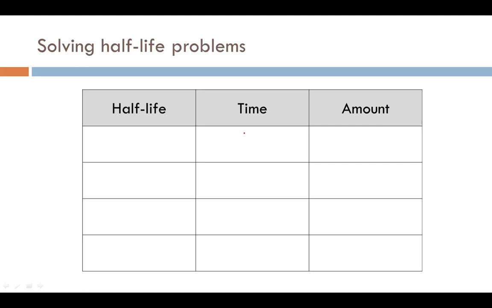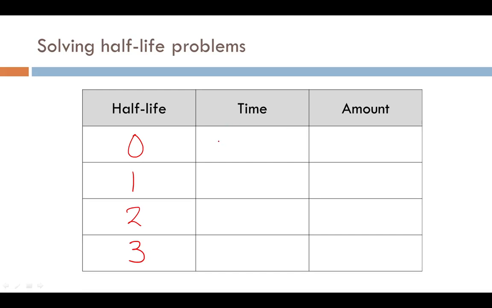So the way that we do this is we have a problem or a graph or some sort of question that gives us information, and we fill in the parts that we know. So let's say, for example, we know the half-life. So we know that 3 half-lives have taken place, so we count up, starting always at 0, 0, 1, 2, 3. So we've done 3 half-lives here.